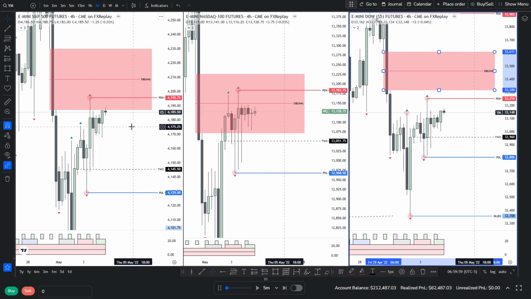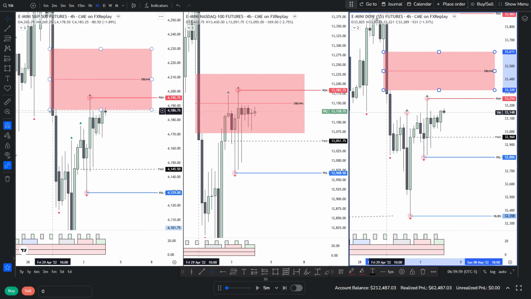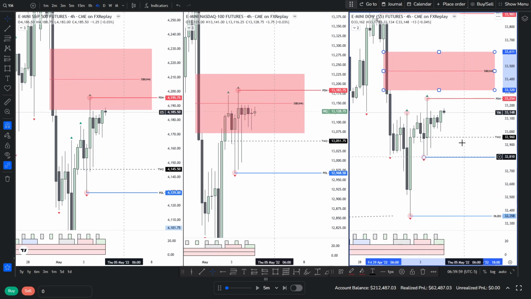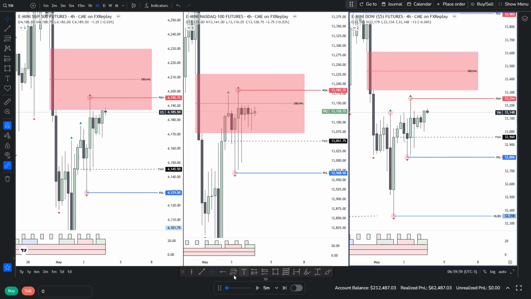I don't do this for all of them, but for all the time. But now we can see this key price level here. It's been purged on ES and NQ, but not on YM here.